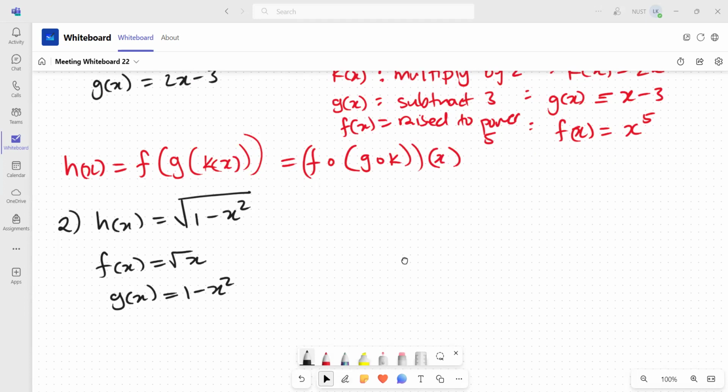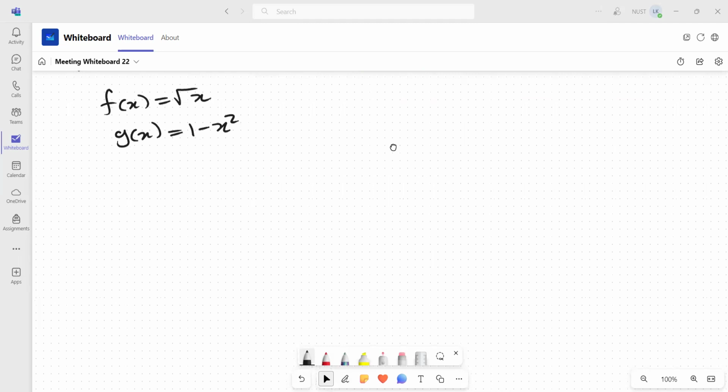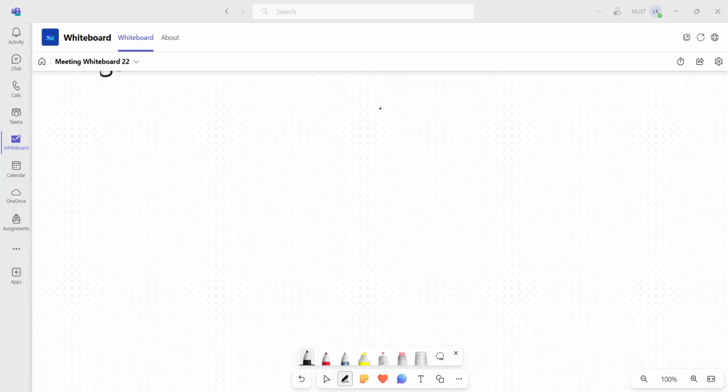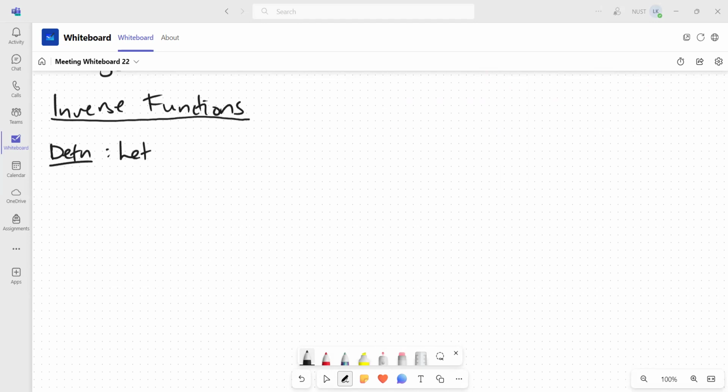Okay, then the next thing we look at what we call inverse functions. So we start with a definition. We let f be a function from the domain of f to the range of f. This is the function.